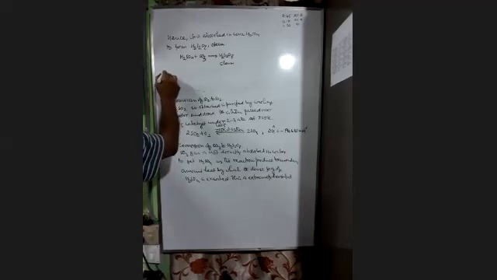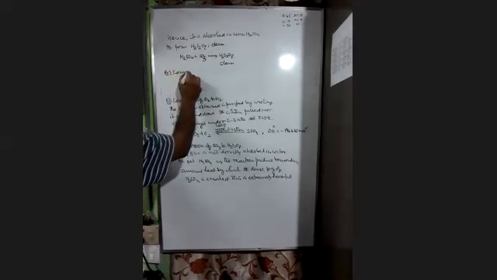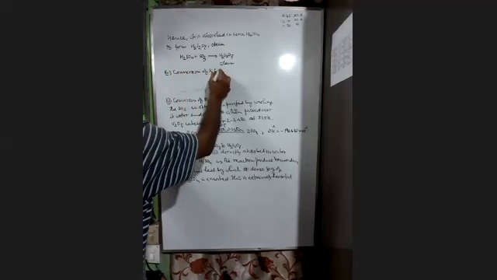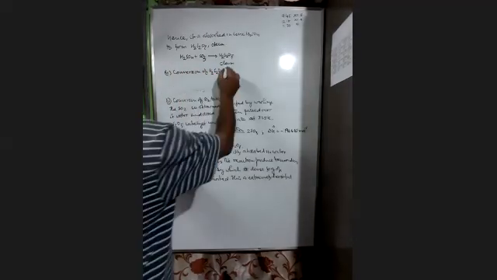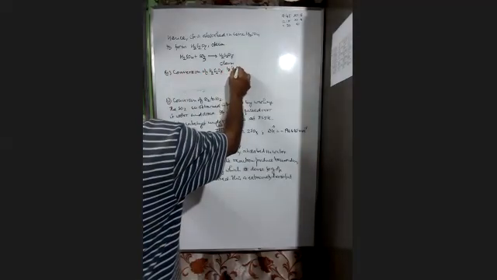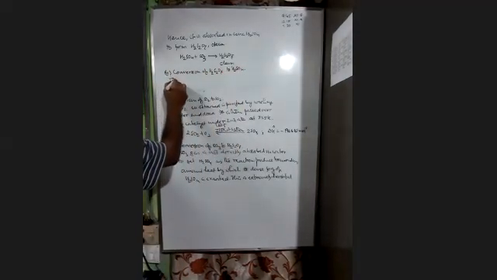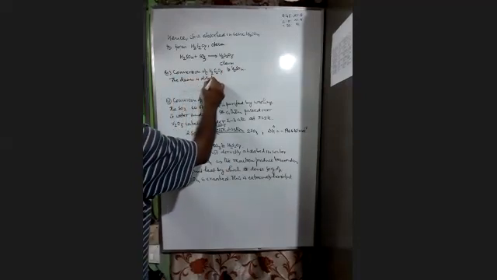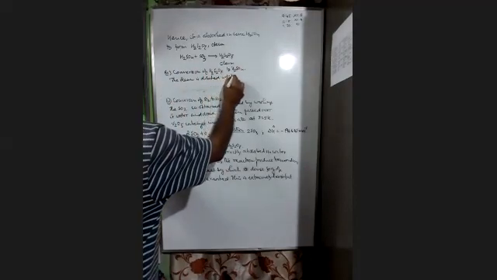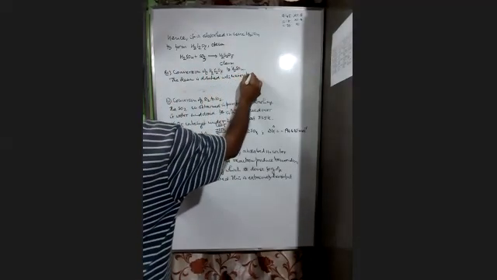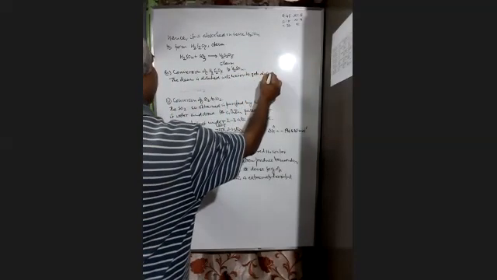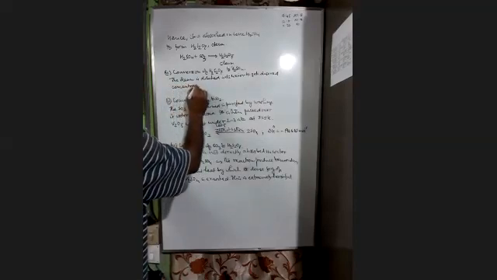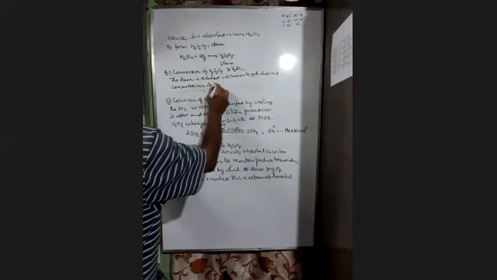Now, 4. Conversion of H2S2O7 oleum to H2SO4. The oleum is diluted with water to get the desired concentration of H2SO4.